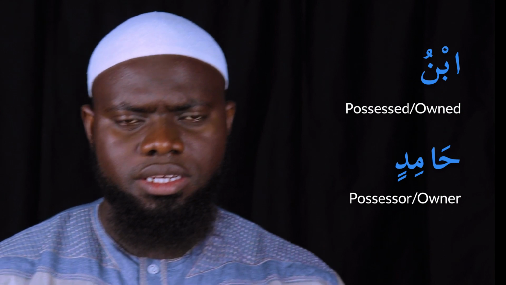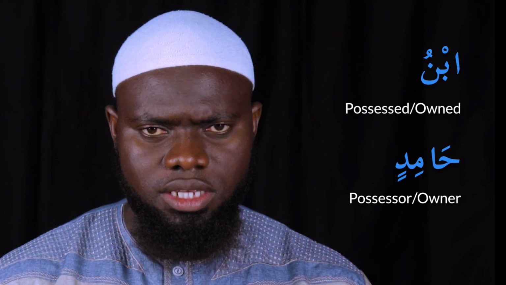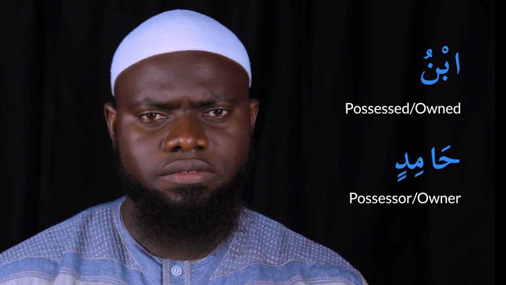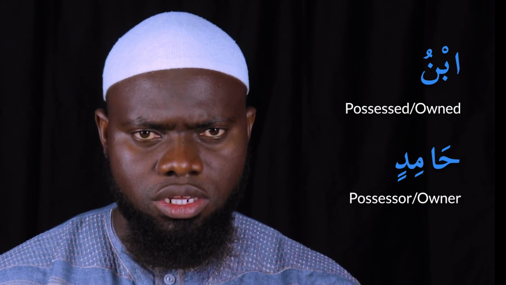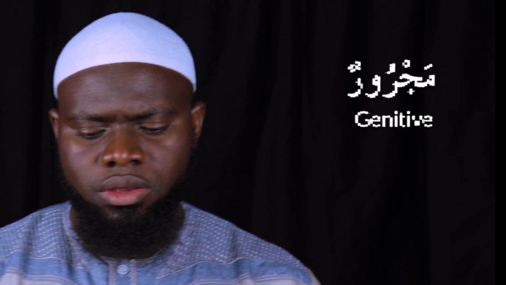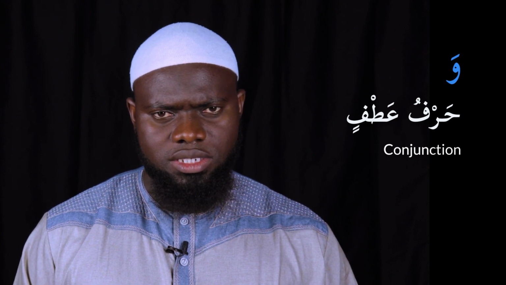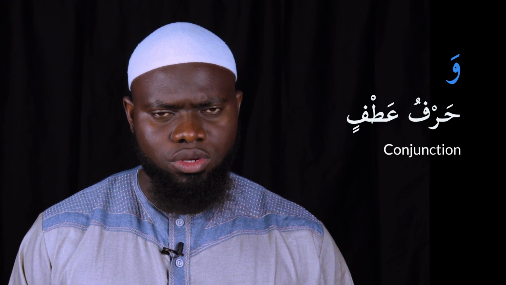So ibnu here is the khabar, and then mudaf. Mudafun is always marfu', and mudafun ilayhi is always majroor. And in wa hadhihi bintu Yasirin, the waw is what we call harfu adfin. It is the harf that connects sentences or names or whatever together.